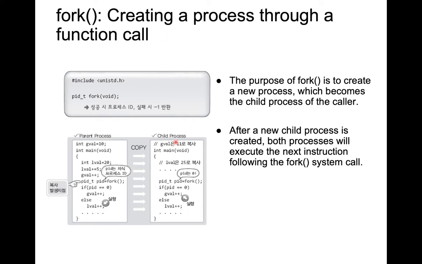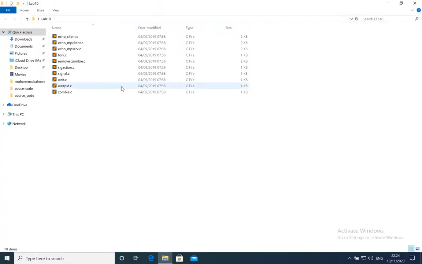Let us see a fork process in practical, and then we will come back to the slides. Today I have all the C files ready here, so I don't have to type each and everything. I will just be explaining everything that is required, and you have to understand it, and then I will also give you the source code. You can make some changes in it and further explore it.